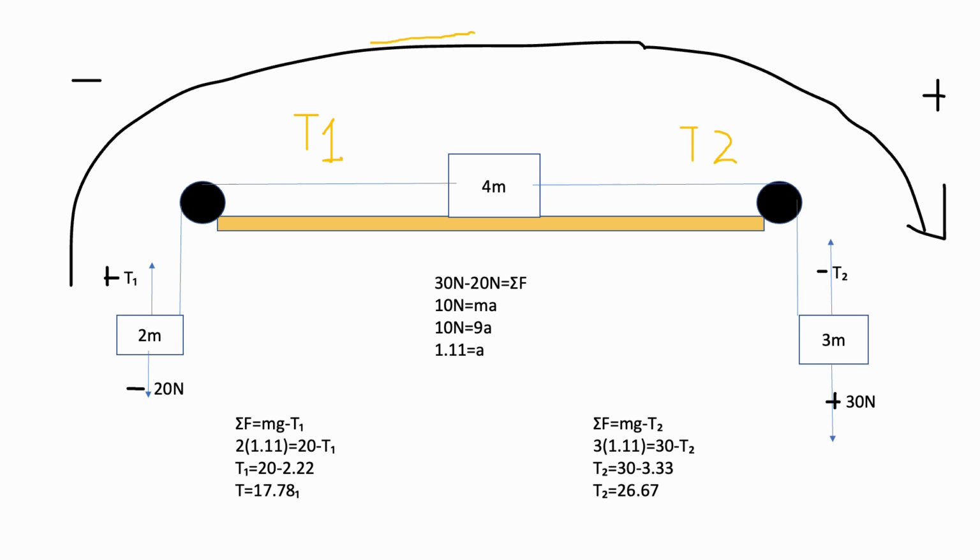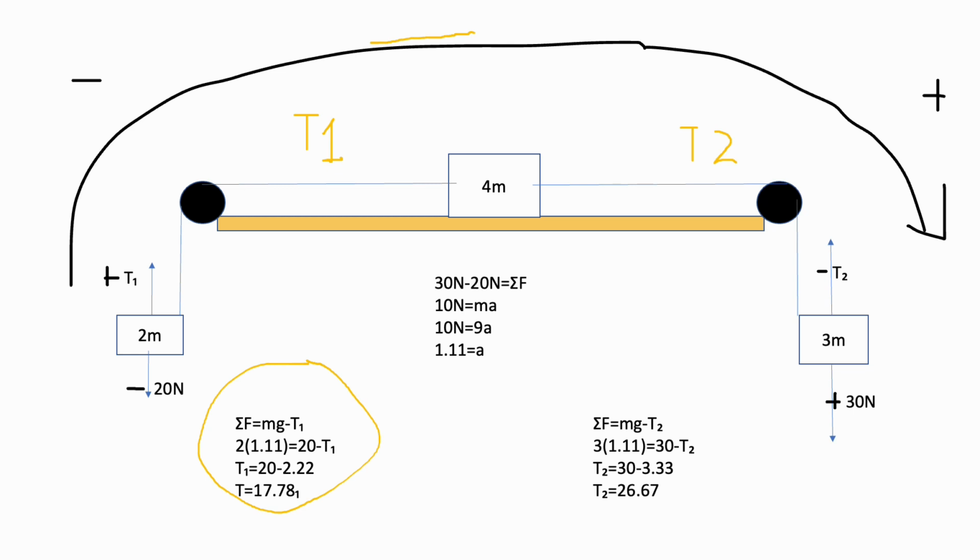So over here, it is 2, the mass, times 1.11, the acceleration, equals 20 minus the tension T1, and 20 is the mg value. With a little algebra, you can rearrange it and get T1 equals 20 minus 2.22, which is 17.78.